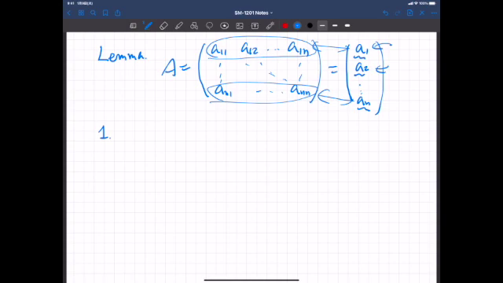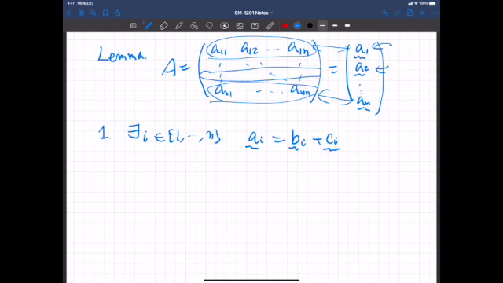First, if there is i from 1 to n such that Ai is the sum of two vectors, so if there is one particular row in this matrix that is the sum of two row vectors, then we have the determinant of the matrix with rows A1, and at some point Bi plus Ci, and AN.